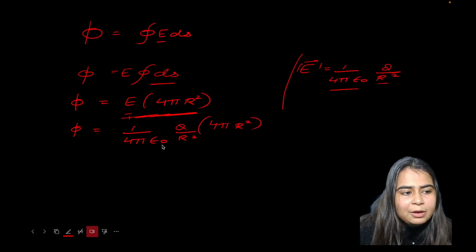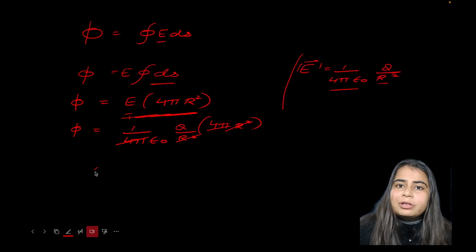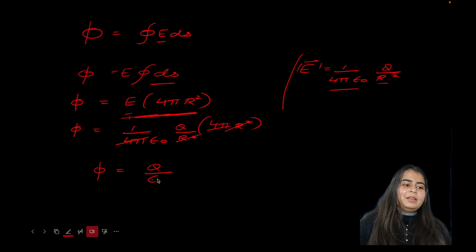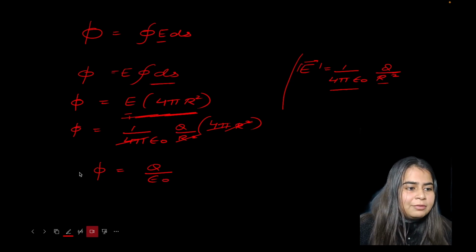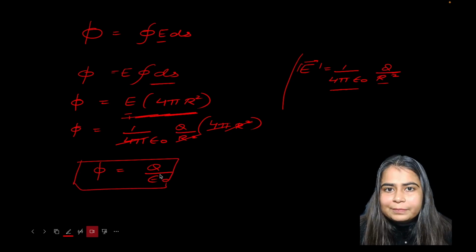Now on simplifying, see, this 4 pi will get cancelled, this r square will also get cancelled, and what we are left with at the end is this. So we got the final result: phi is q by epsilon naught.